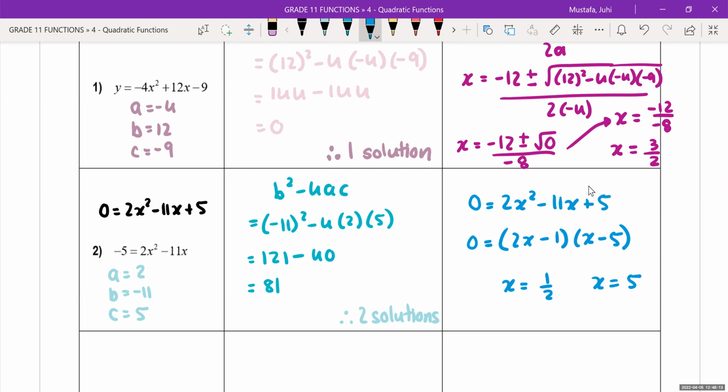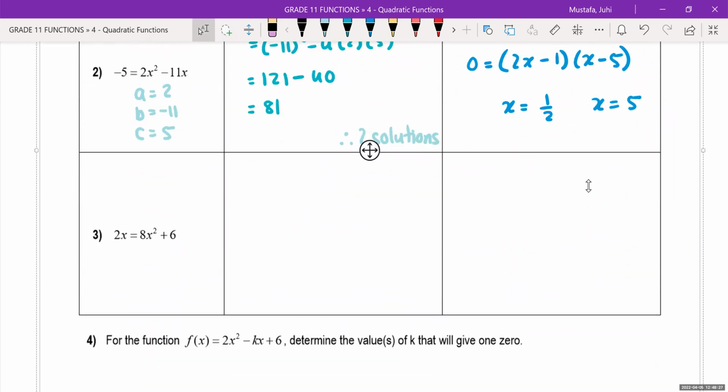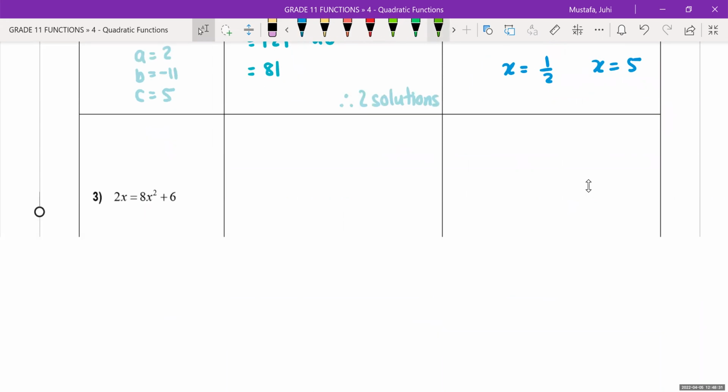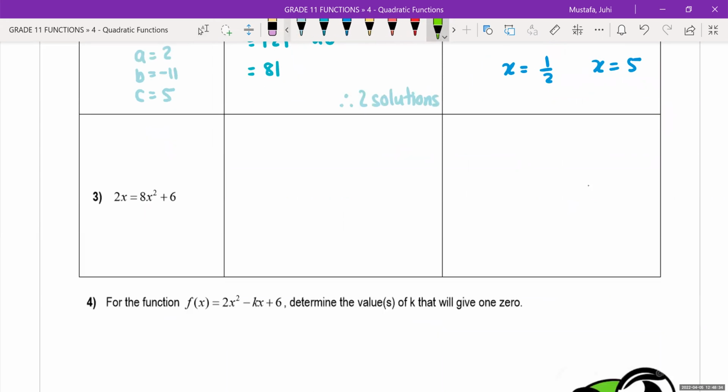Last question. All right, for the last question, once again, let's rearrange it.